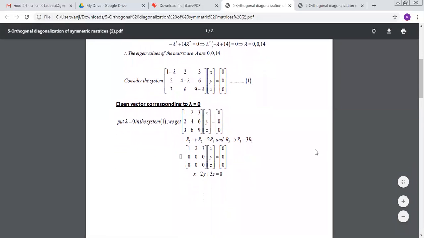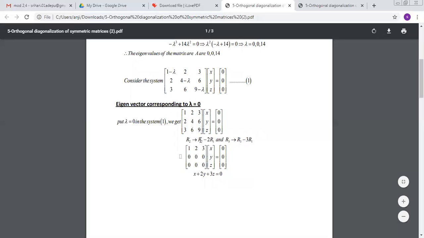So the eigenvector corresponding to the eigenvalue lambda equals 0. Put lambda equals 0 in system 1. We get [1, 2, 3; 2, 4, 6; 3, 6, 9] times [x, y, z] equals [0, 0, 0]. Now convert this coefficient matrix to echelon form.